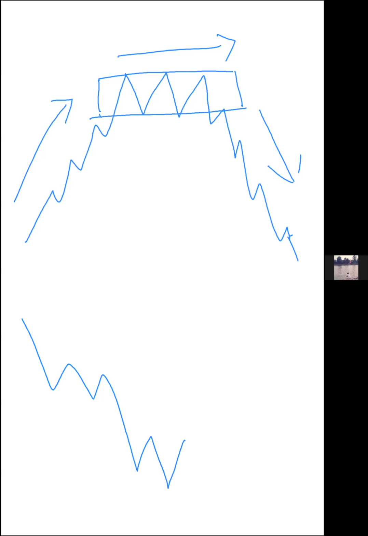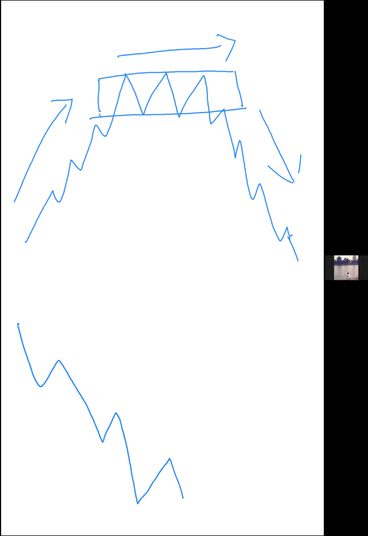And the trend changed. This is why it is a reversal pattern. While a triple bottom looks somewhat like this.